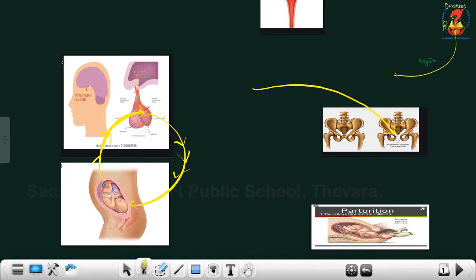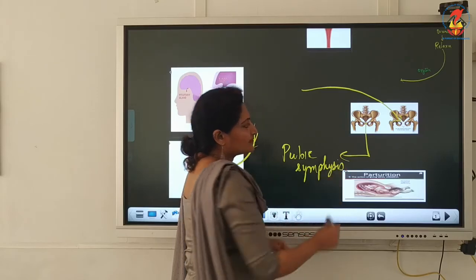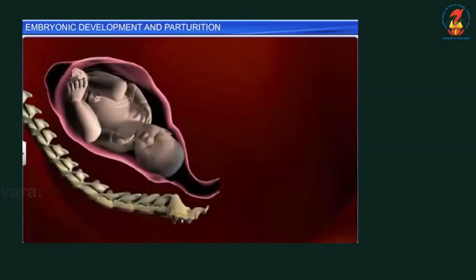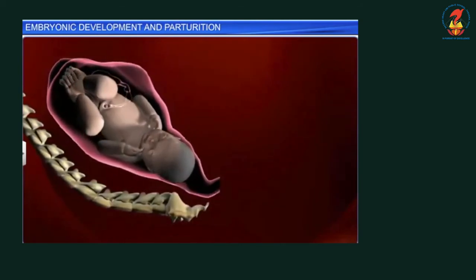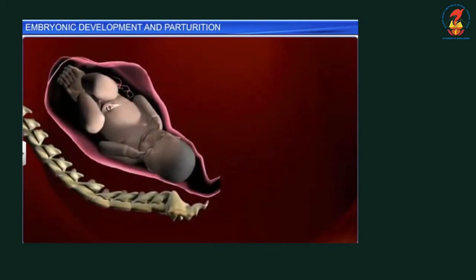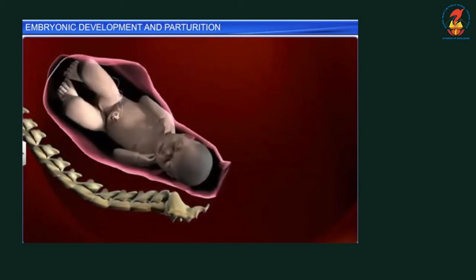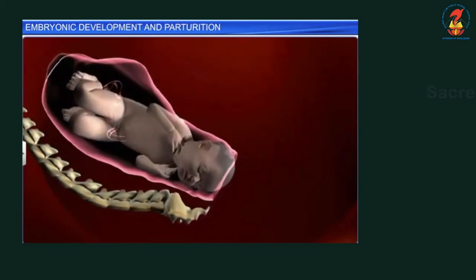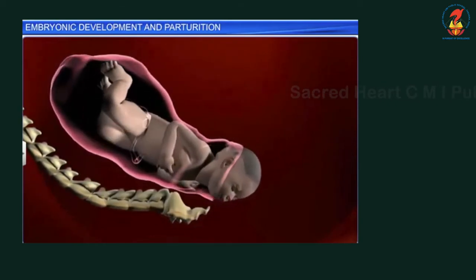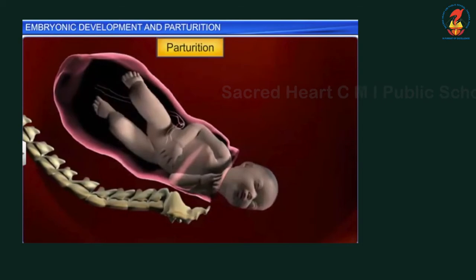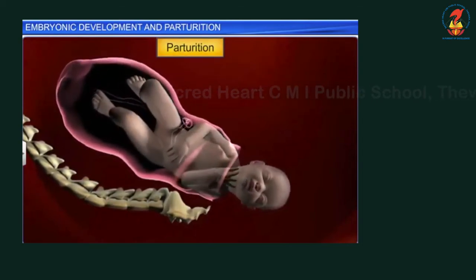See, this is the pubic symphysis. It relaxes so that the birth canal widens and the baby is pushed. And finally, we have parturition complete. We have the baby. So, the baby moves out of the birth canal, and we know what is the birth canal. Cervix plus the vagina forms the birth canal, widens or dilates, and the baby comes out with the head out.